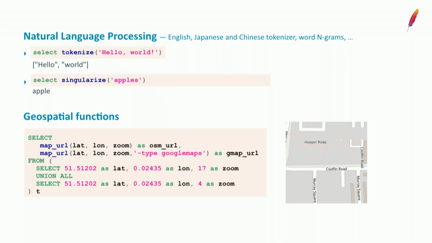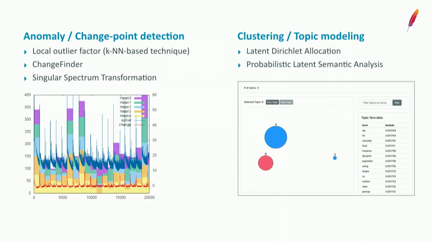And not only recommender systems, but we also provide some natural language processing functions and geospatial functions. For example, you can tokenize natural language text into every single word. As a result, you can apply a topic modeling technique, which is also known as clustering in the context of machine learning.